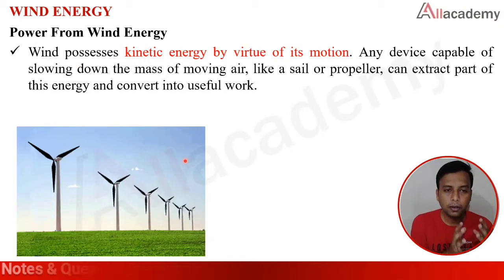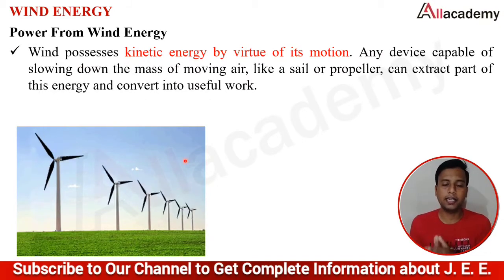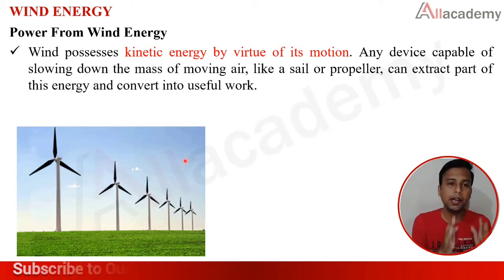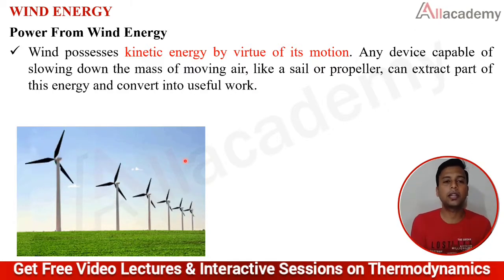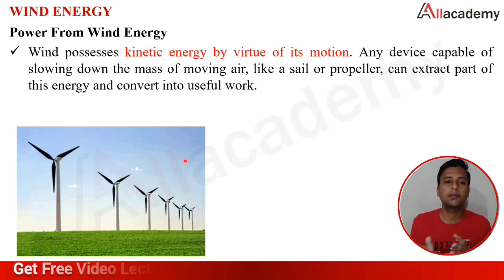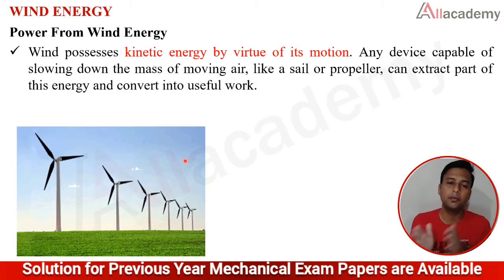Now the wind possesses kinetic energy, because there is a movement, and obviously there must be some kinetic energy by virtue of the motion of the air, for some quantity of wind or due to this blowing.